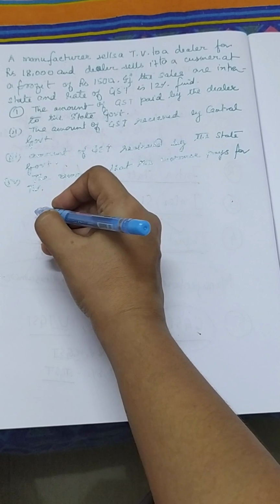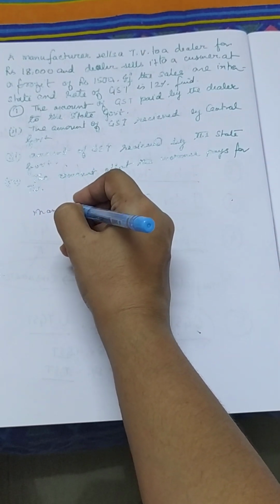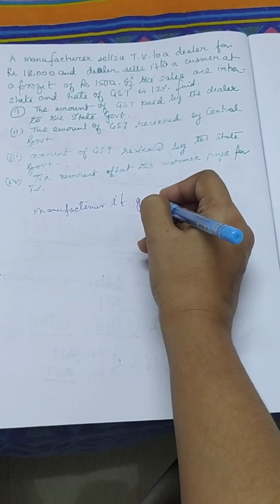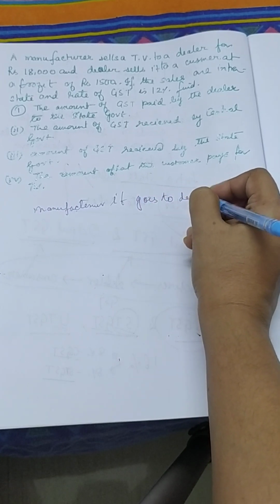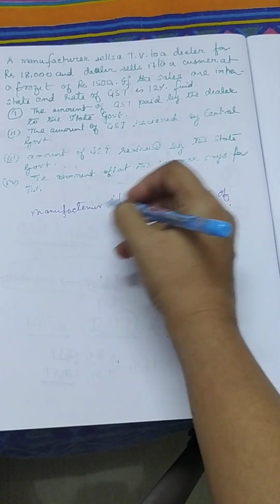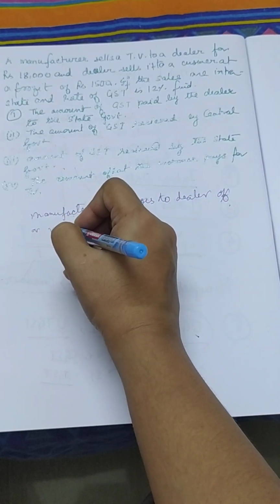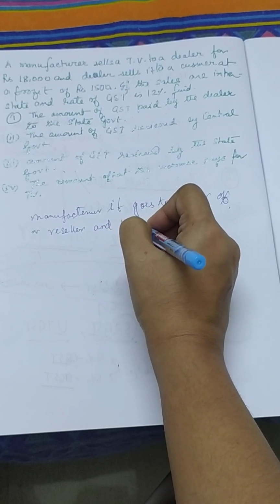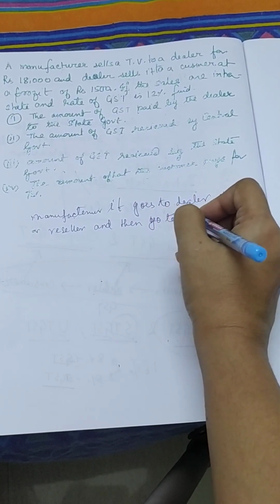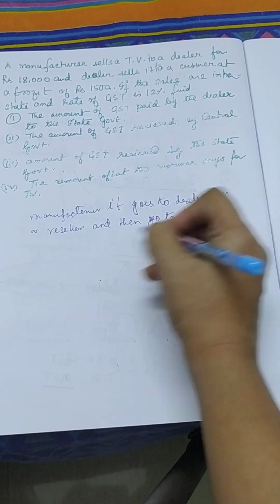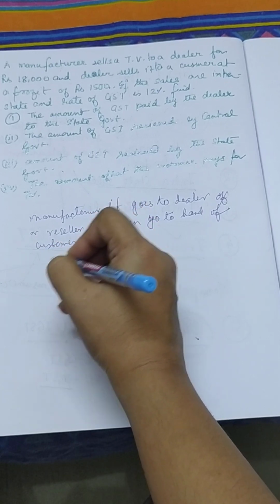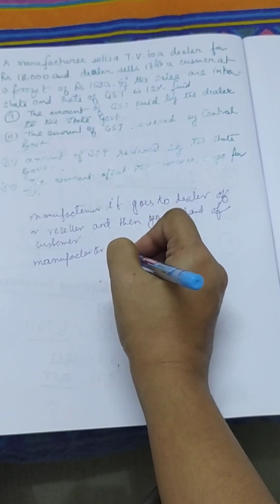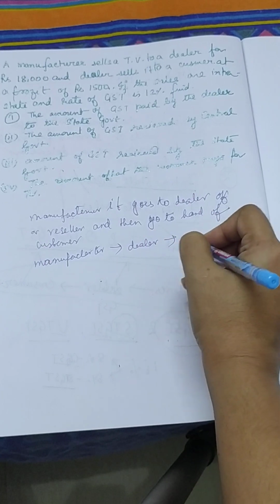That means from the manufacturer it goes to the dealer or reseller, and then goes to the hand of the customer. Right? Manufacturer, dealer, customer.